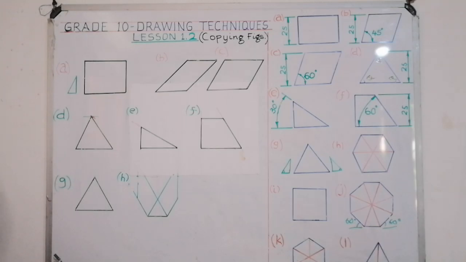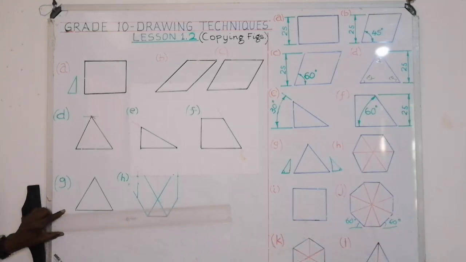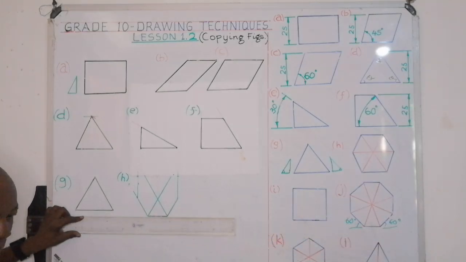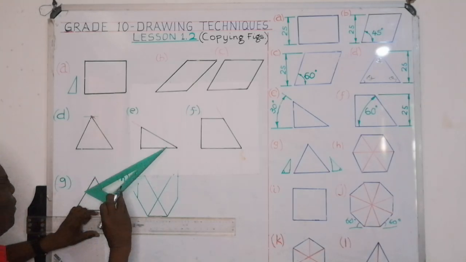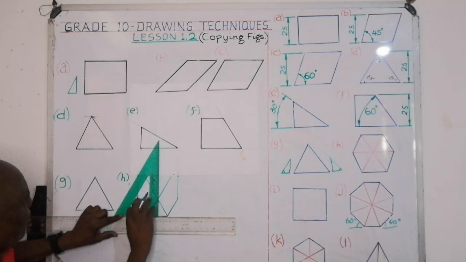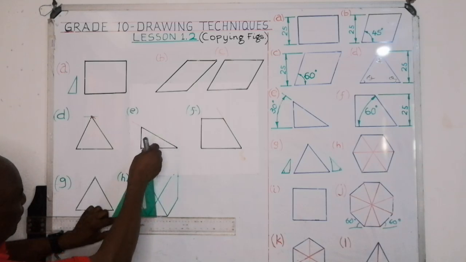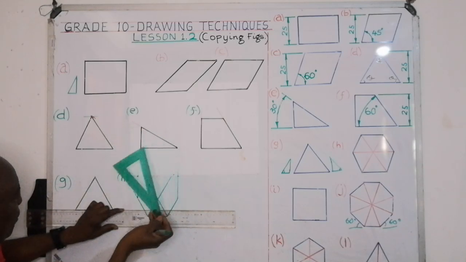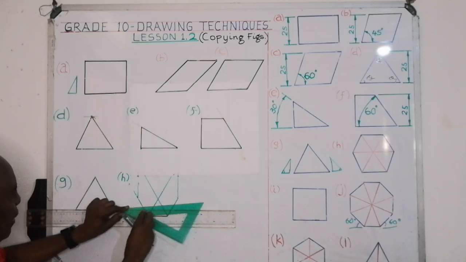And then from there, as you can see, this is a line which is parallel to this. So it has been drawn at 60 degrees. Should be 30 degrees, not 60.